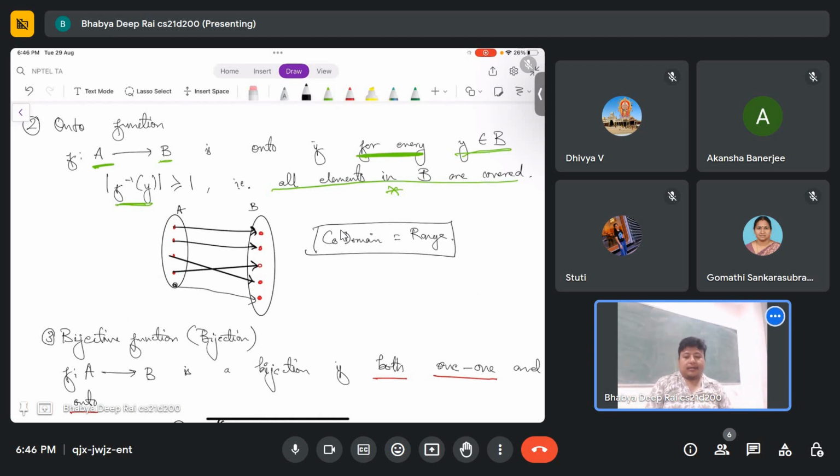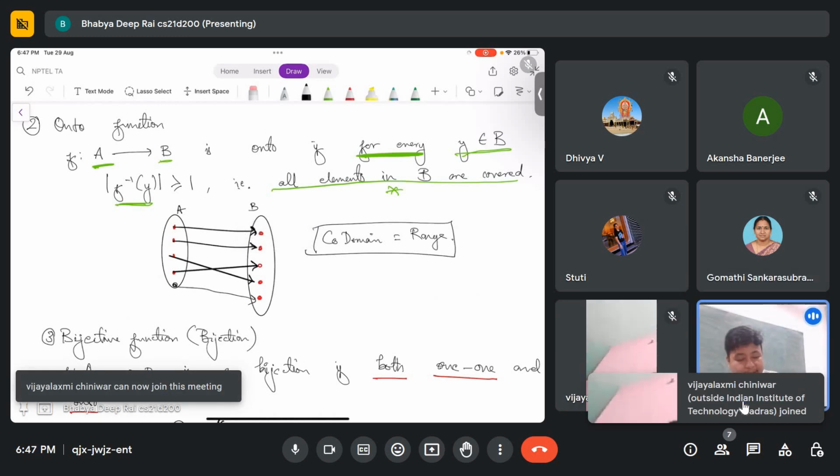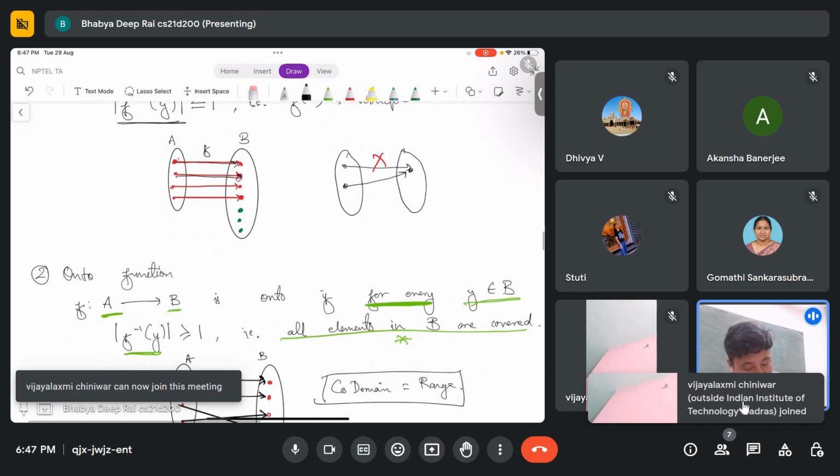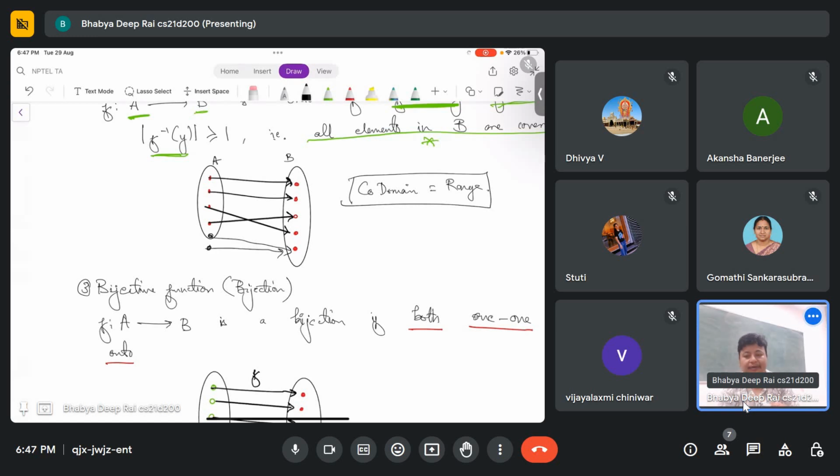So you can see that this is 1-1 also, this is onto also. But if there was one element and it mapped to this, it would not be 1-1. But it is still onto because all the elements are getting covered in the set B.